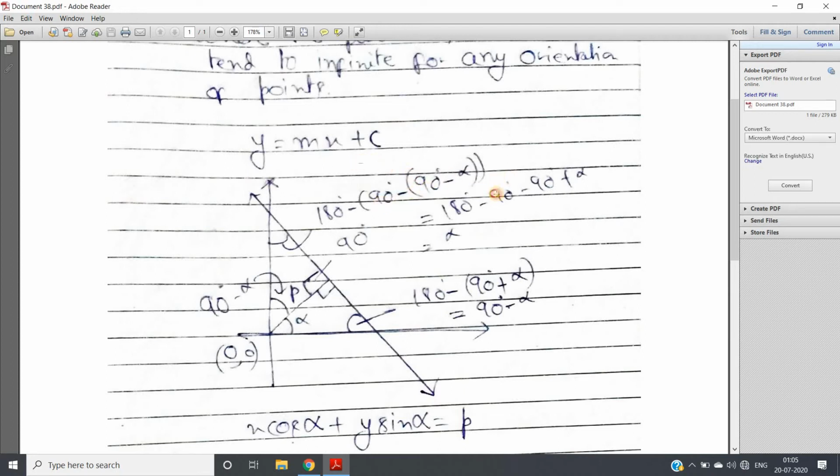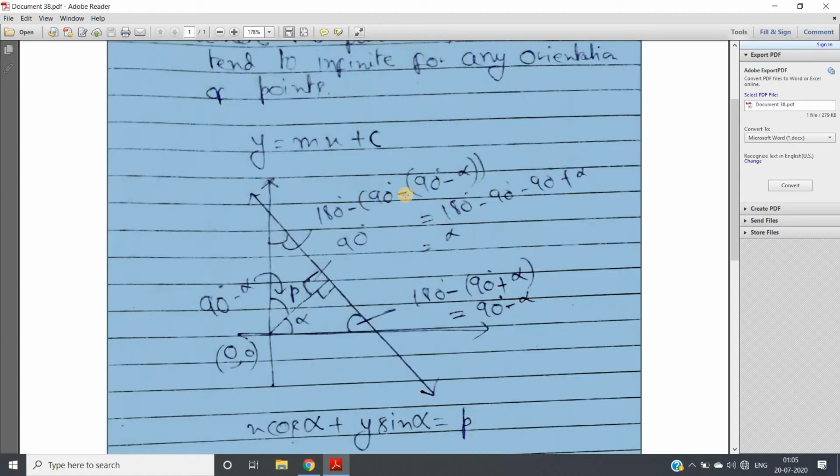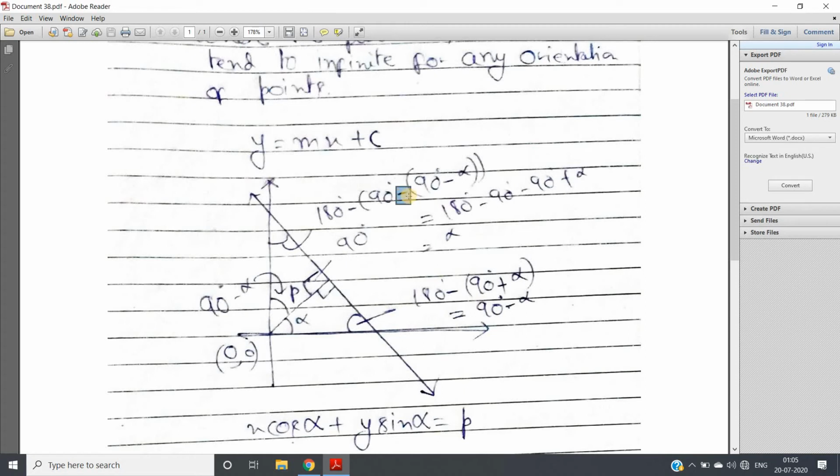Sorry, this will be plus. We add them and subtract from 180 degree. If you remove the parenthesis, you get 180 degree minus of 90 degree plus 90 degree minus alpha, which results in alpha. So this angle is also alpha. Here I made a mistake, this will be plus.